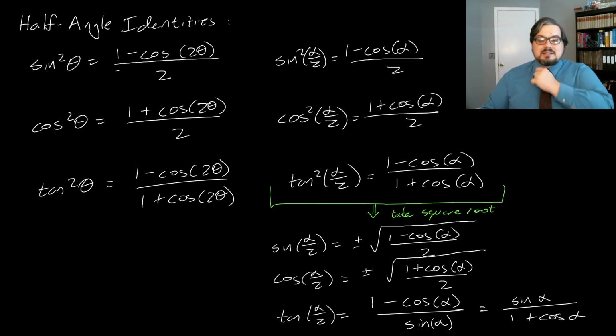This one doesn't come up quite as much, and again, you can find the derivation of this in the text. But we do sometimes use it. So let's use these formulas in order to compute the sine and cosine of something that we haven't seen before.